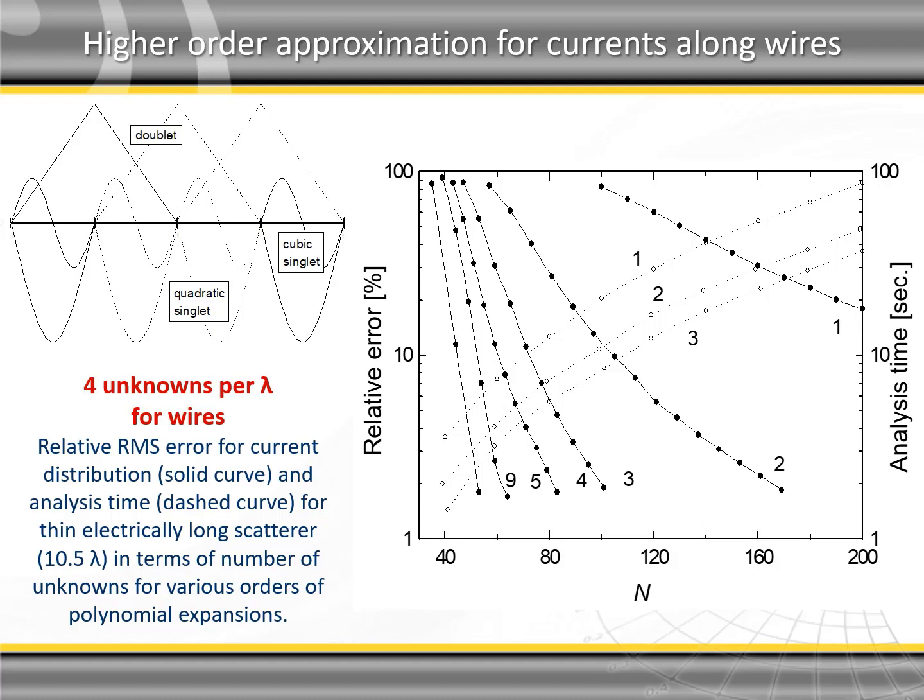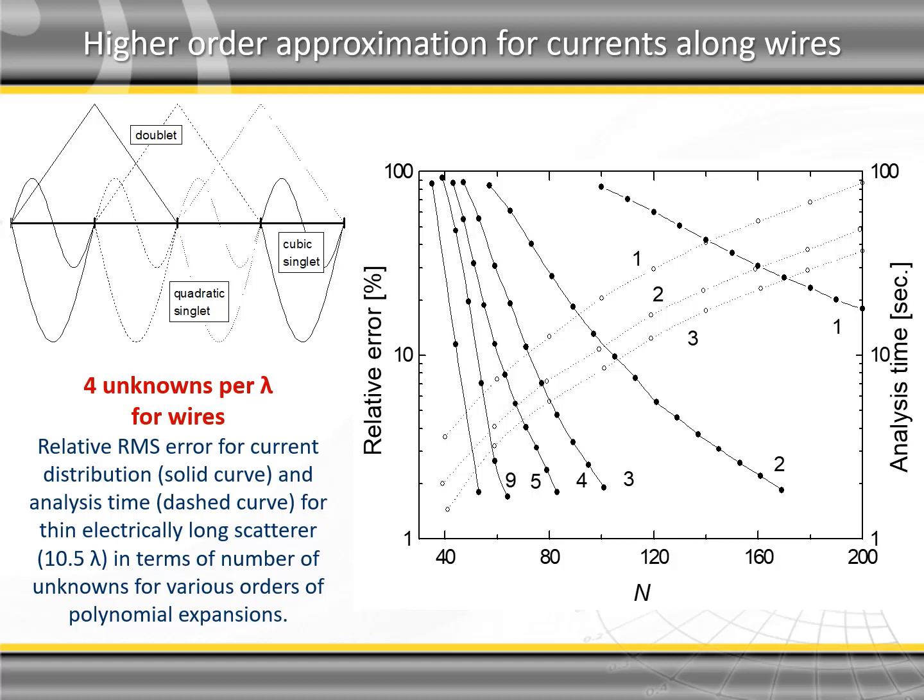The advantage of high-order expansion over low-order expansion is shown on the example of a thin wire scatterer 10.5 wavelengths long. The relative root mean square error of the current distribution is shown versus the total number of unknowns for various expansion orders applied to each subsegment.